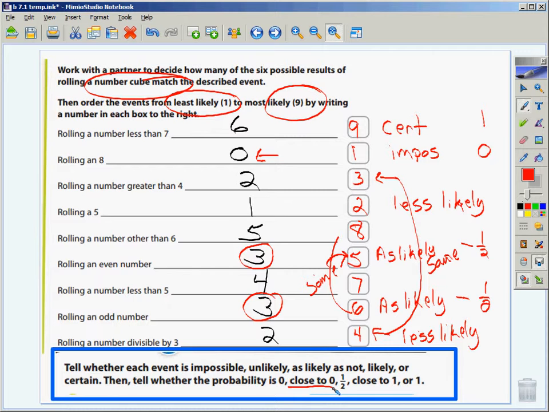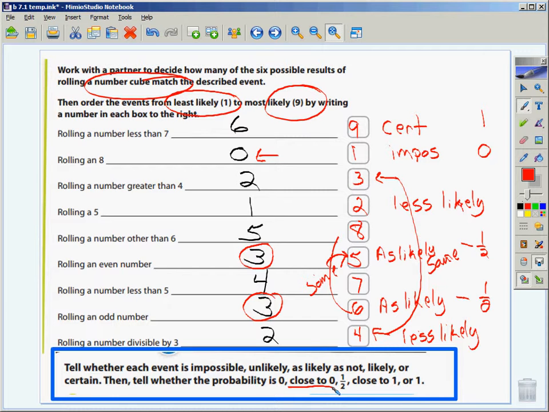Yeah, unlikely, less likely. Not likely it's going to happen. Well, 2 out of 6 would be 1/3, 0.3333. If I did it as a percentage, 33%.